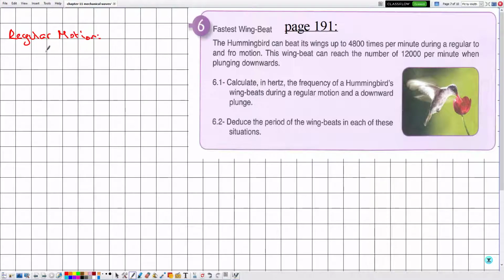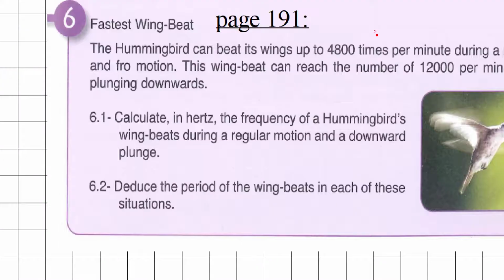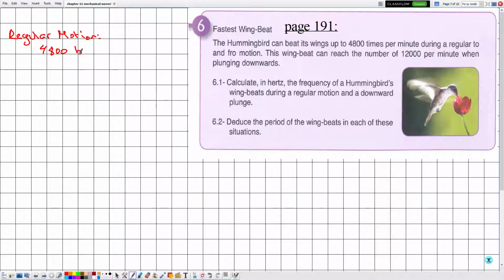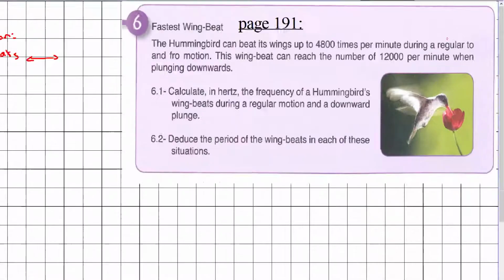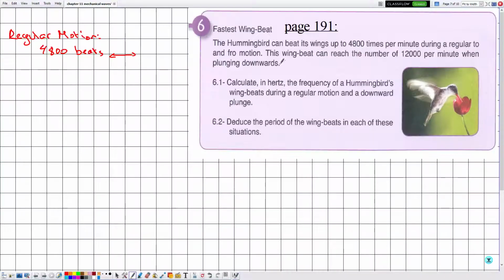we have 4,800. So what does this number represent? The number of beats. But during 1 minute. So to and fro motion is nothing but an oscillation.